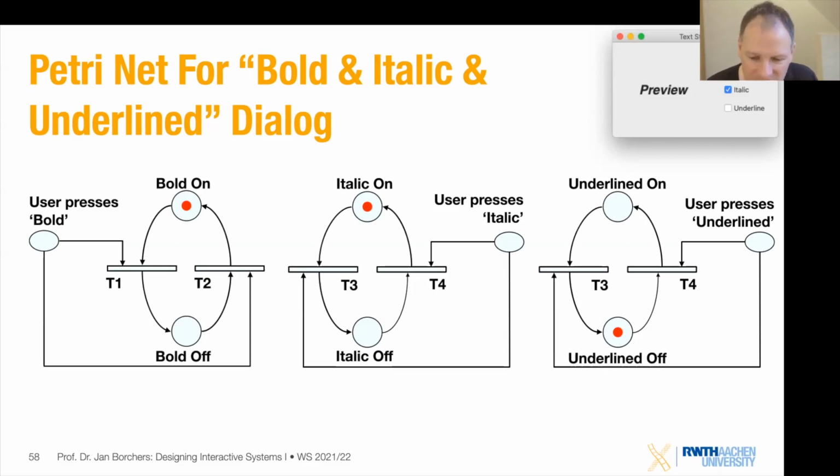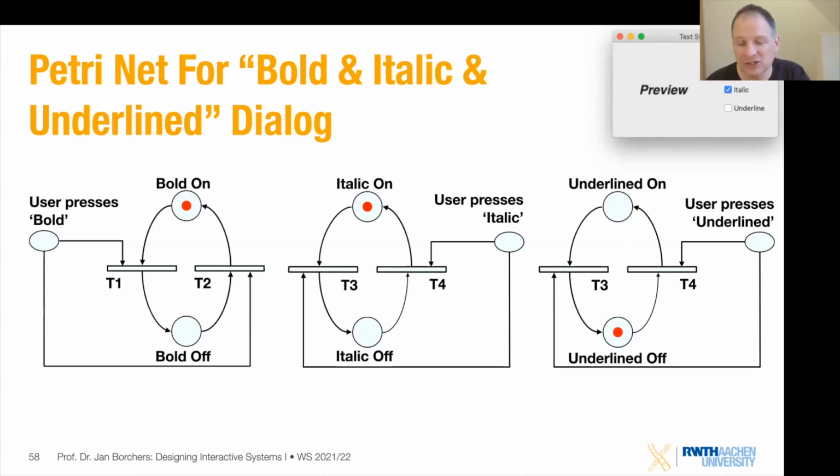Okay, now I have to also say, since Petri nets are such a much more powerful means of expressing state and dependencies and relationships, they are also a little harder to wrap your head around if you don't know what somebody's trying to say with a Petri net. And they're also a little harder to verify automatically, because the fact that you can now have any combination of tokens in your various places as a potential state means that you now have an exponential number of states in your Petri net.